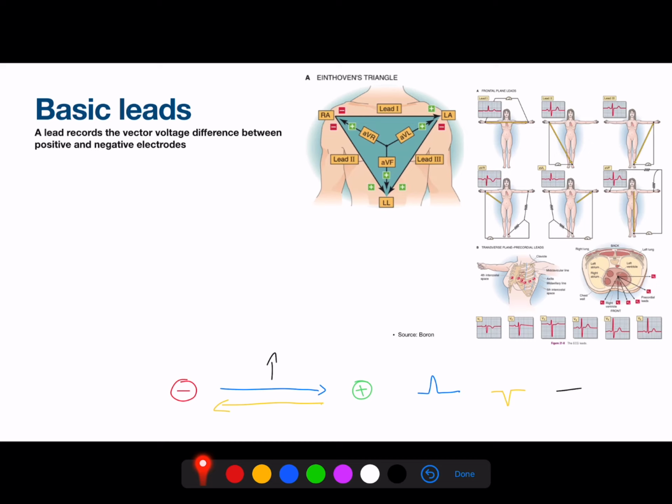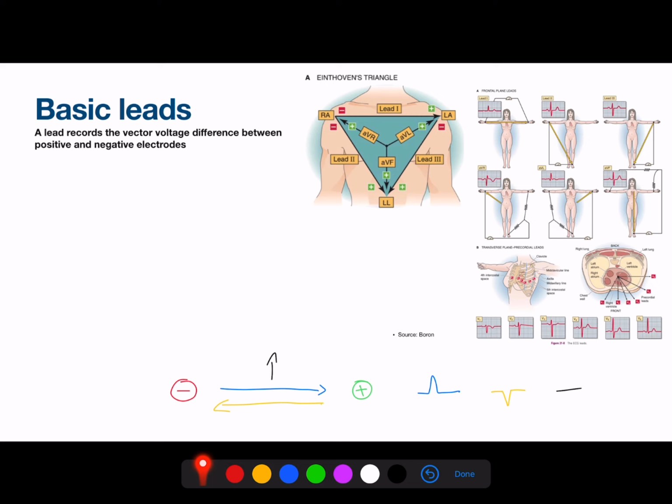So first of all, what's important is that you understand the difference between a lead and an electrode. As I have already written here, a lead records the vector voltage difference between positive and negative electrodes. So that means when there's an action potential or a depolarization vector going from negative to positive, we have an upward deflection.